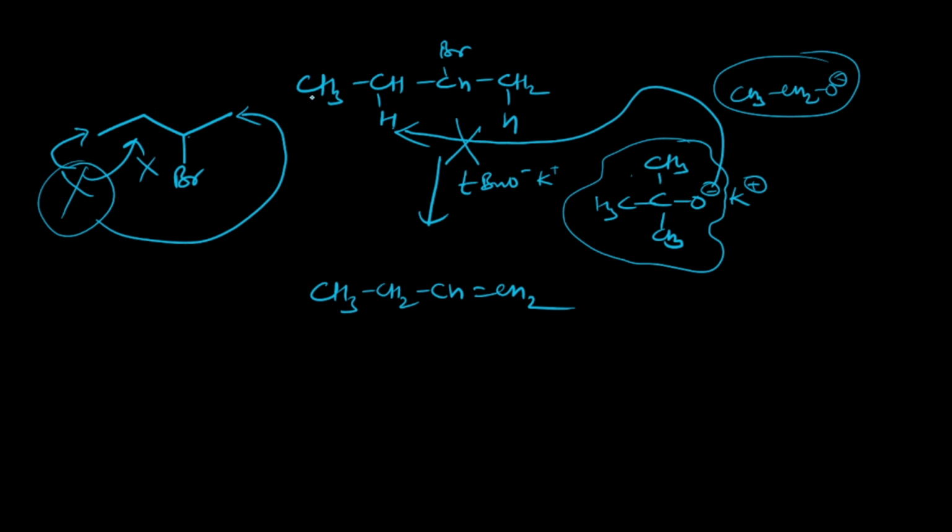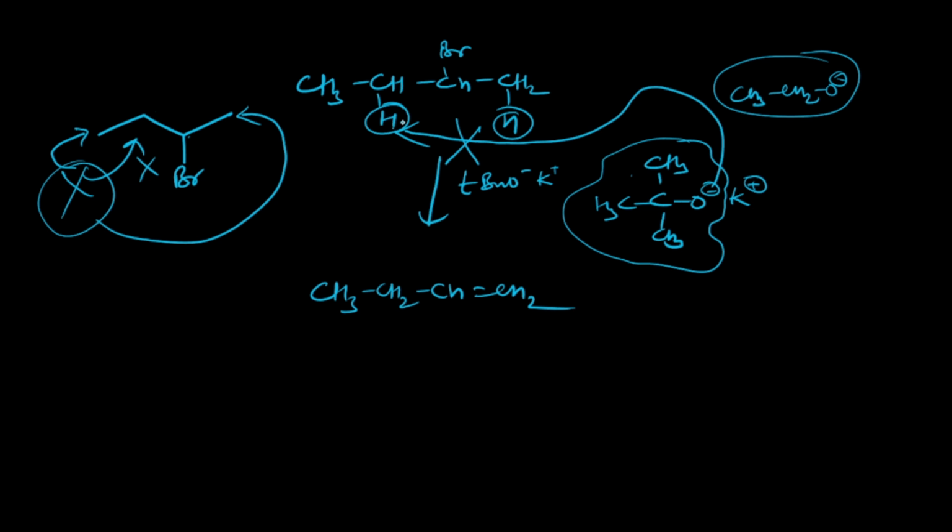So now see, this ending hydrogen is not acidic, so it won't pull this hydrogen. If you are pulling this hydrogen, it won't shift over here, because if it is shifting over here, nothing is there on this carbon to leave, right? So what we have to do, we have to take the hydrogen where the hydrogen is more acidic. So here only two hydrogens, this hydrogen and this hydrogen, are acidic.